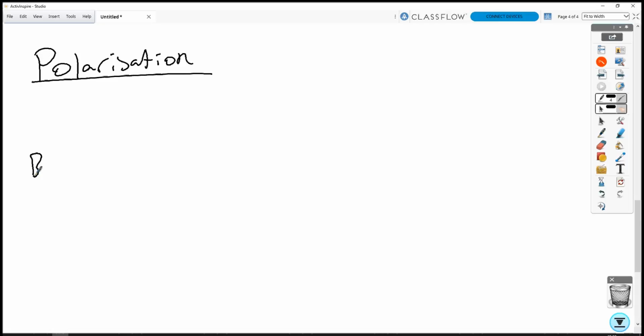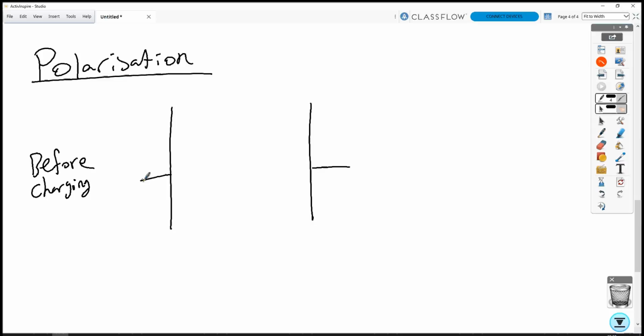So before we charge, so this is during the manufacturing process, before charging, we have got our plates, and we've got our dielectric in between. So I'm just going to draw my dielectric as a dotted line. And we're going to zoom in and make the particles or the molecules within the dielectric big.